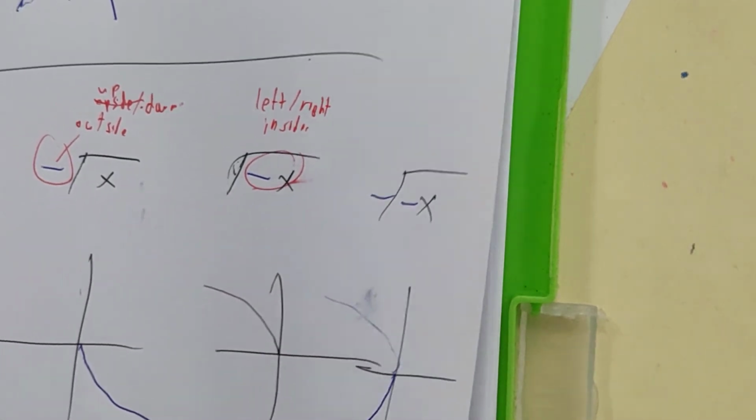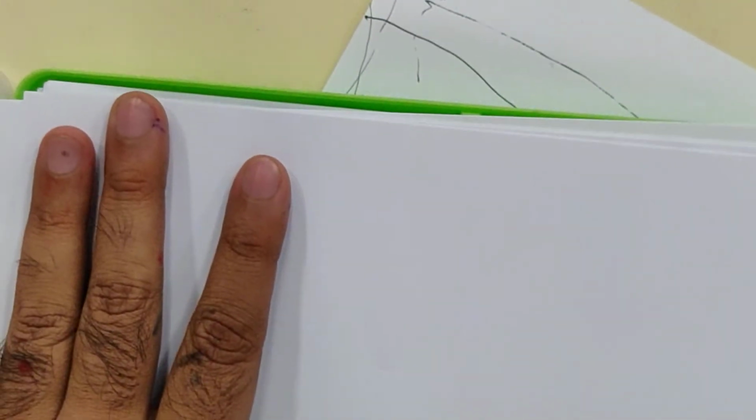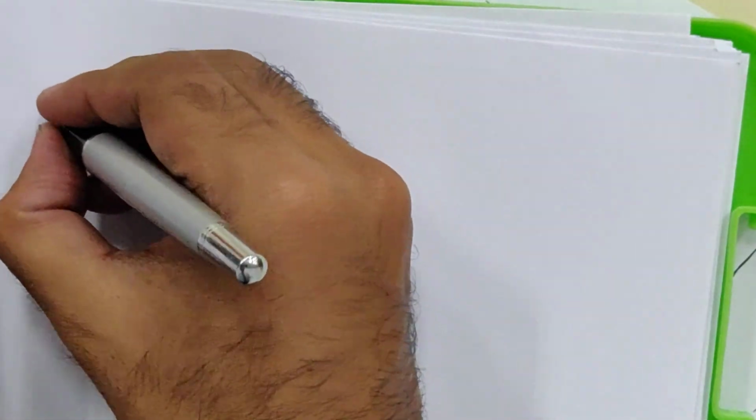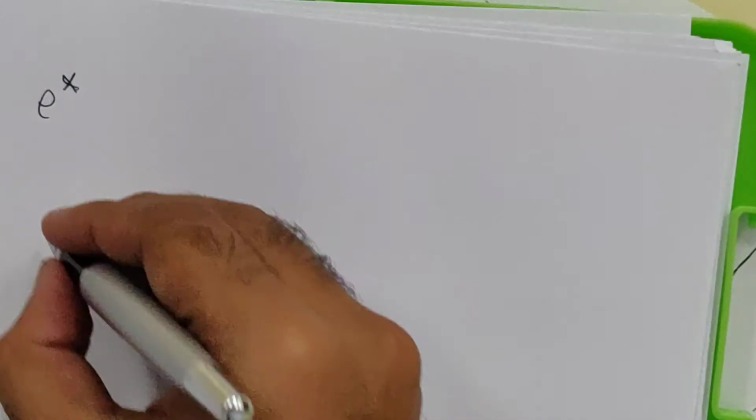Good. So I'll end with a few more things, which is actually in your syllabus. Now what about if you watch something like this? Okay. e^x, how does the graph look like? Just e^x. Agree?